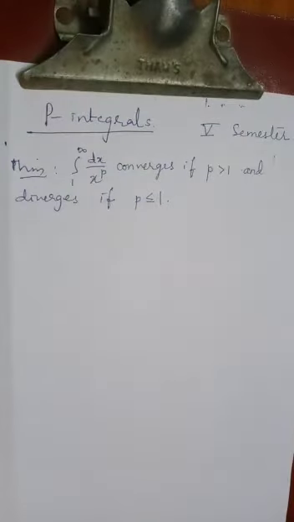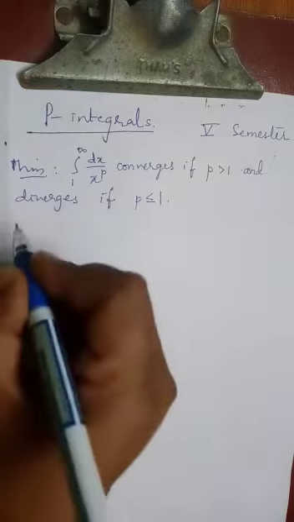Here we are dealing with improper integrals. Here infinity is the point of discontinuity. Now we have to show that this improper integral converges if p is greater than 1 and diverges if p is less than or equal to 1.